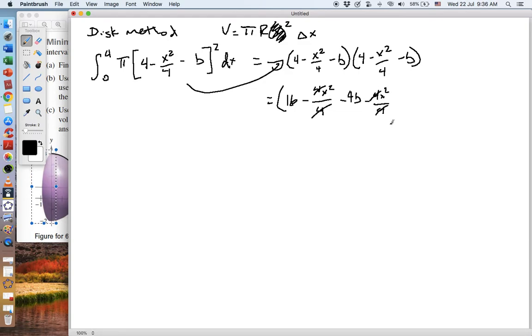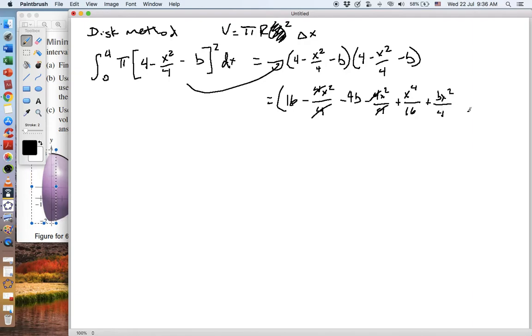And again, we can cross out those parts. We just get x squared. And then we'll multiply the second term times the second term, and we get plus, negative times a negative is a positive, plus x to the fourth. Multiply the two denominators, we get 16 on the bottom there. And then we're multiplying the second term by the third term. Get plus again, b x squared over 4.